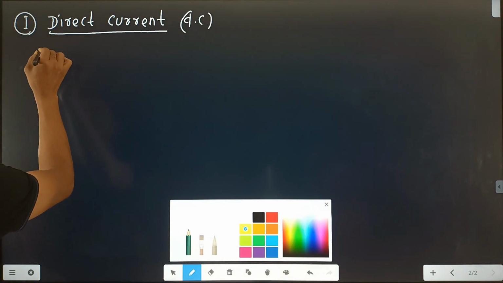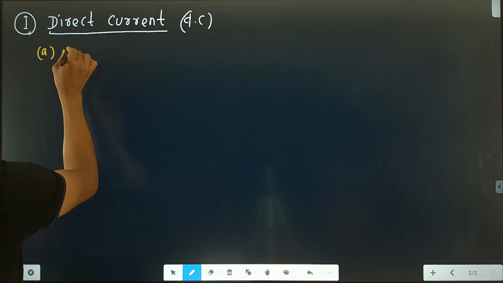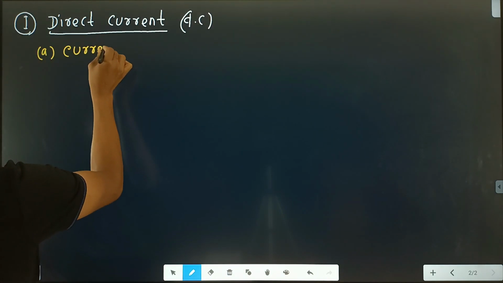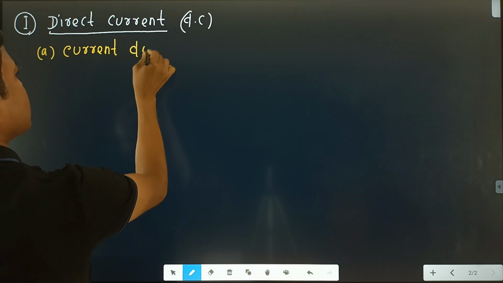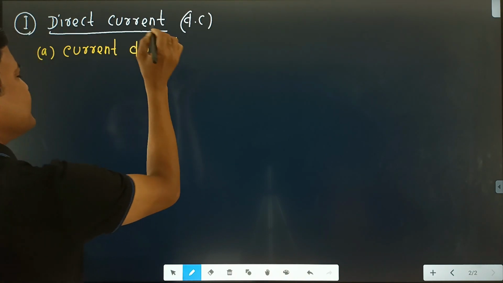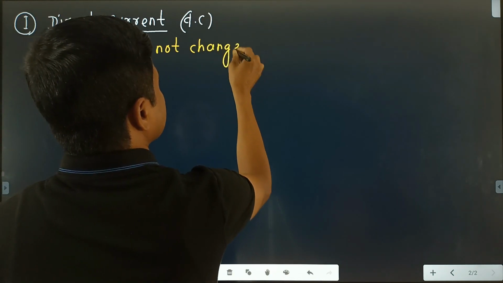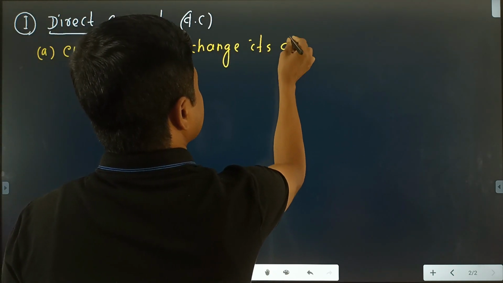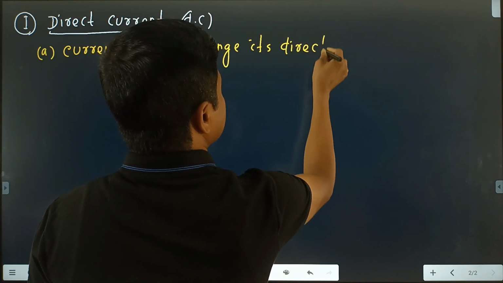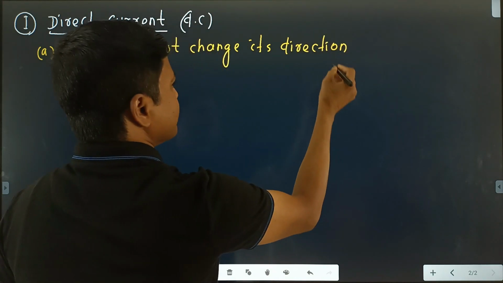Direct current means current does not change its direction with time.